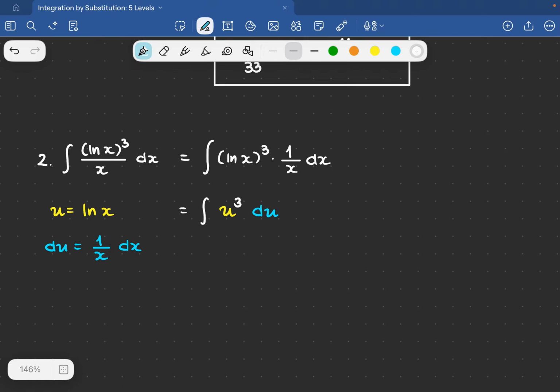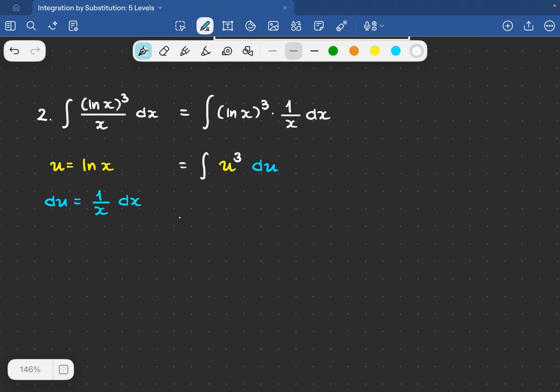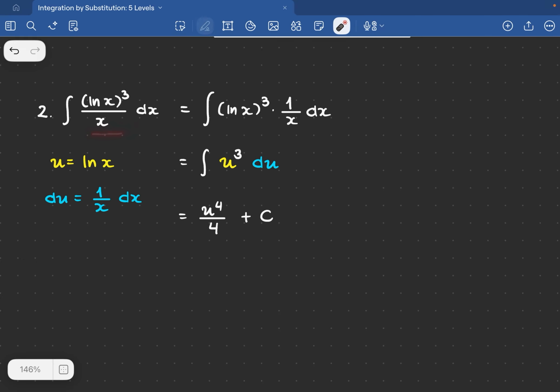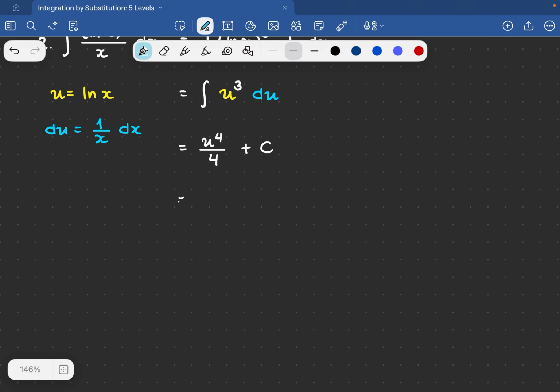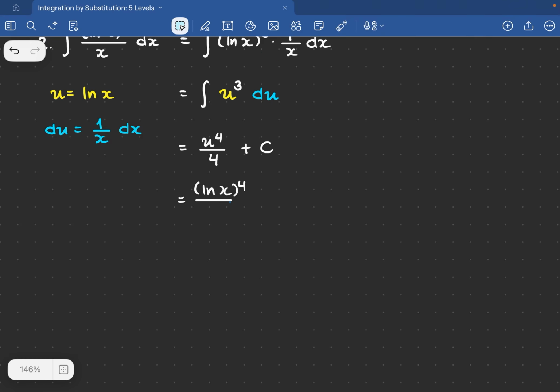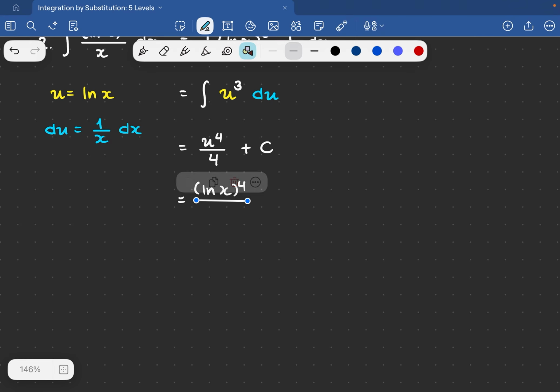And this one is just easy to integrate. This will just be equal to u raised to 4 all over 4 plus c, and then since we started with x, we must end with x. So we'll have (ln x) raised to 4, since we chose u to be ln x, plus c.